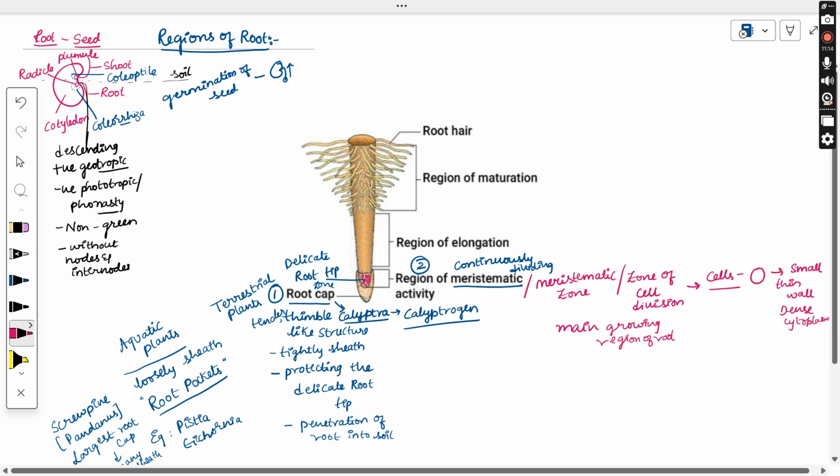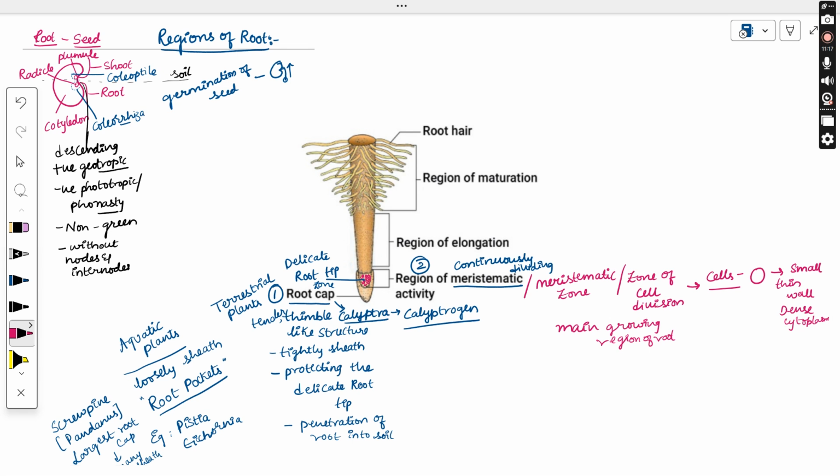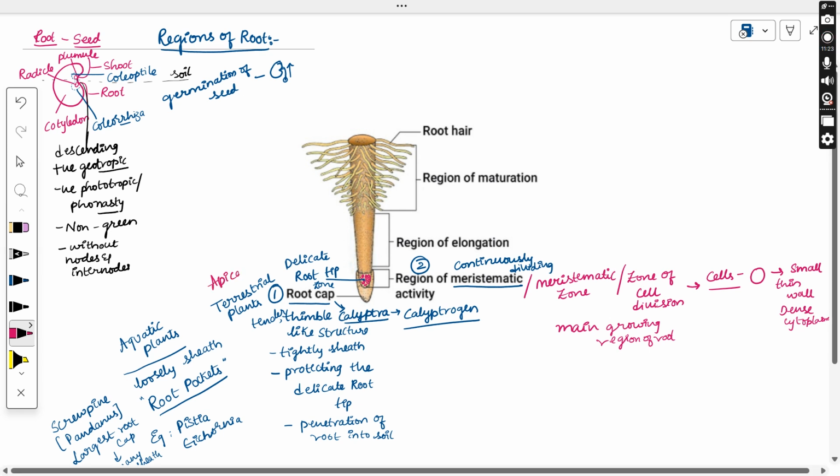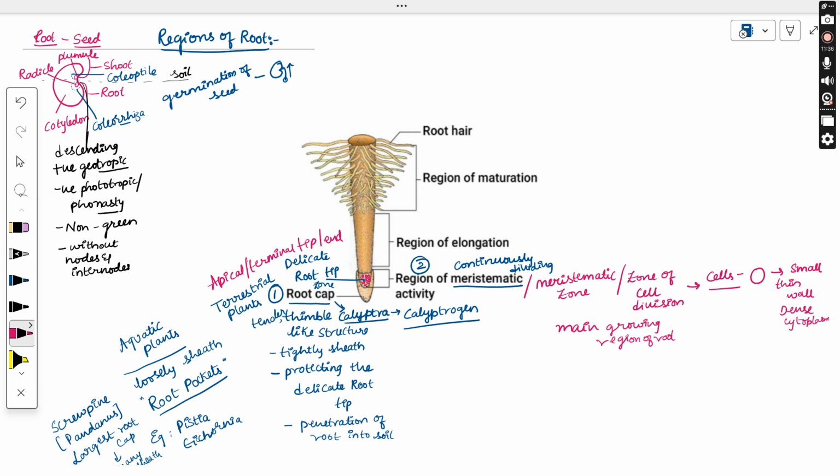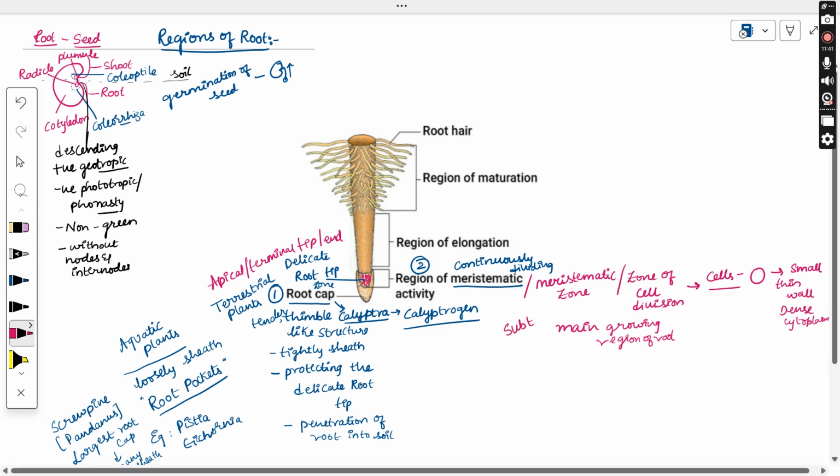This region is present just above the root cap. The root cap is the terminal one, present towards the apical side, at the tip, at the end. But the meristematic zone you can find somewhat near to this tip part. That's why it is called the subterminal region. It is near to the terminal but not at the tip region.